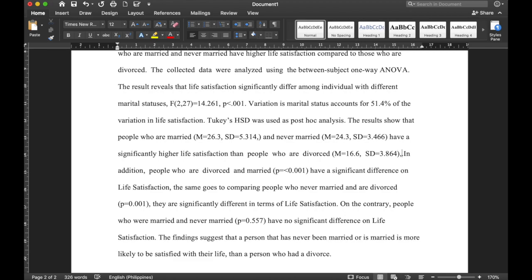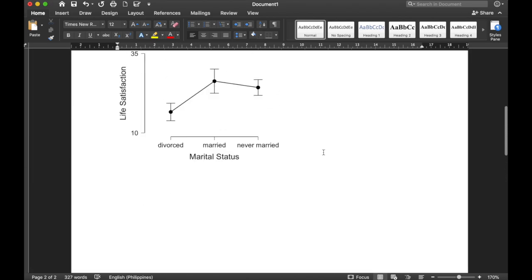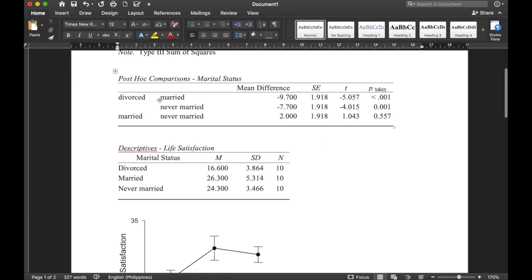What you want to include are the p-values. So there will be two p-values here. One is the p-value for our comparison between married and divorced, and second, the p-value for our comparison between never married and divorced. So married and divorced, what is the p-value for the Tukey?